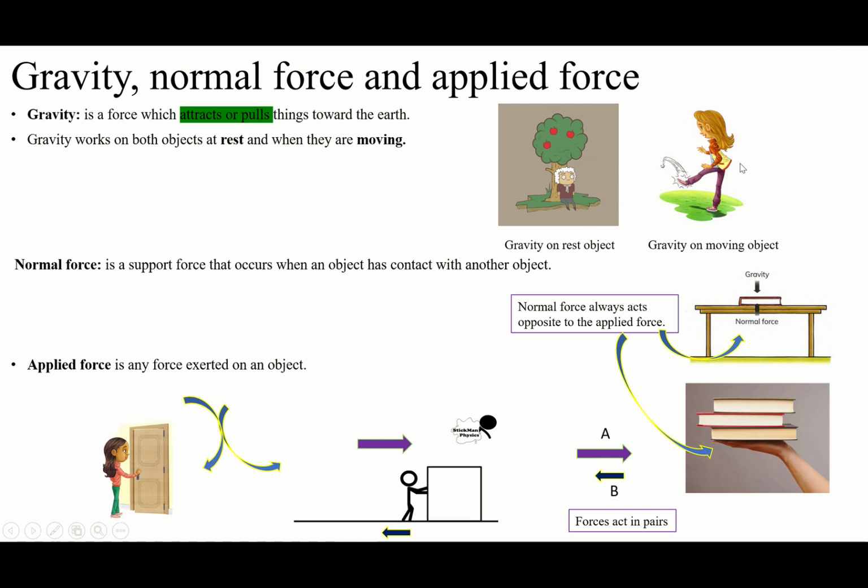For example, if you look here, you see that this girl kicks the ball, right? But after a while the ball goes down, you see, it changes direction to downward. It will go up maybe for let's say 100 meters, okay? But at some point it will come back to the earth. Why?